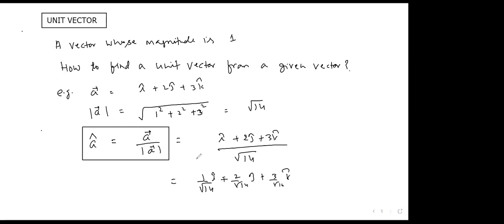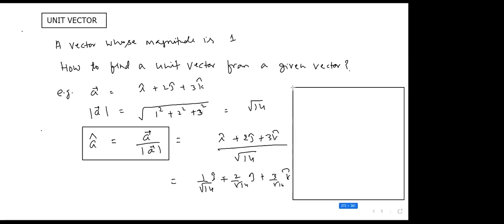Now, one more thing that is important: magnitude of A square is A dot A. What is dot product?